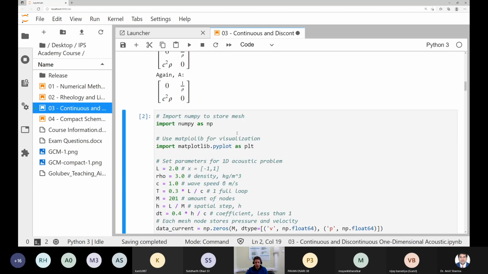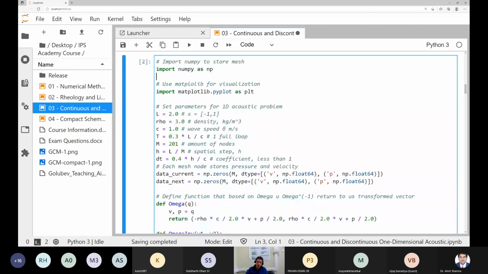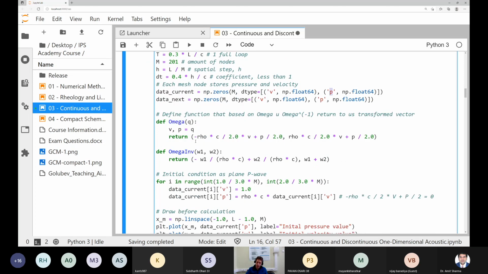Then I used NumPy to describe the current time layer and next time layer. In both arrays, we have two values, one for the velocity, one for the pressure. I implemented the function that applies this matrix multiplication.